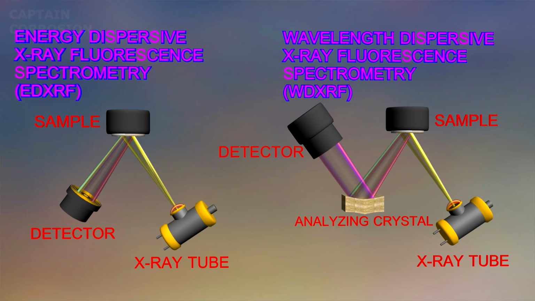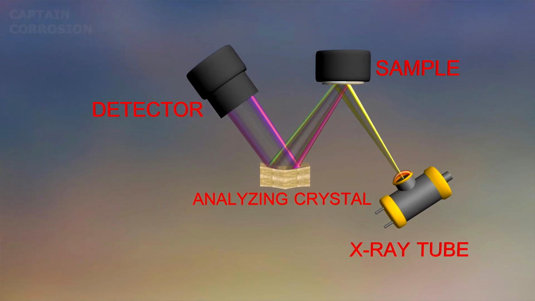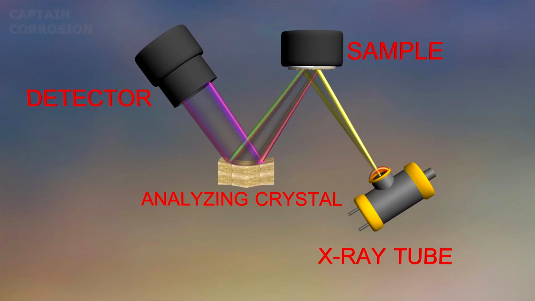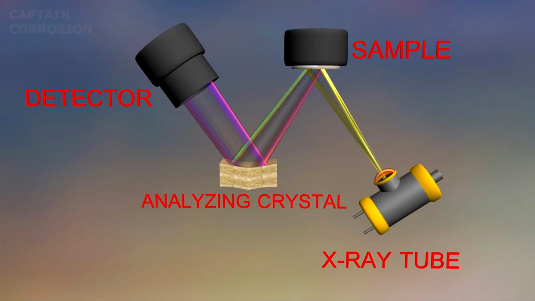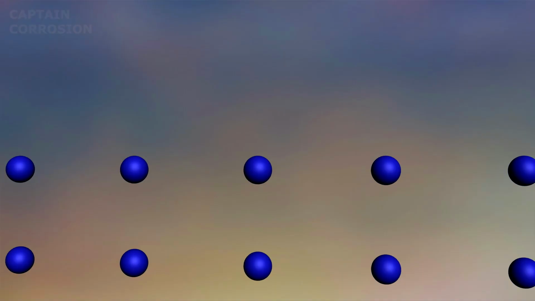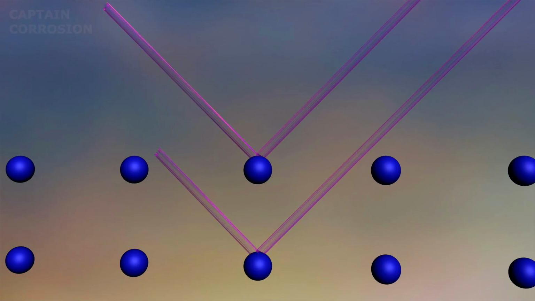The wavelength-dispersive analysis uses a crystal to select which wavelength radiation actually enters the detector. In that crystal, the X-rays are scattered from different layers of atoms, which means that some beams travel a longer optical path.